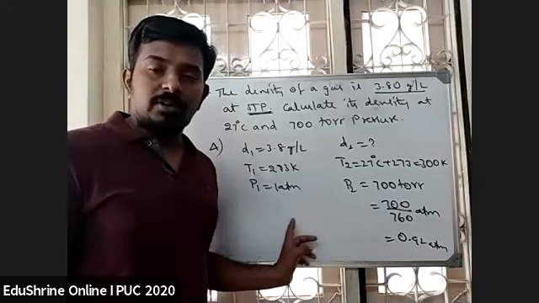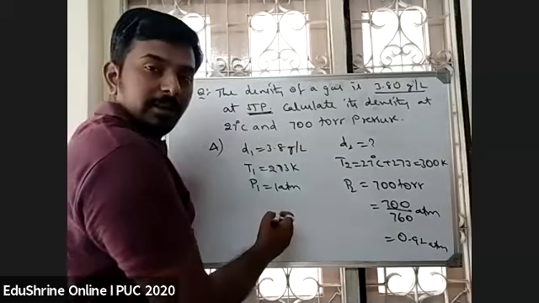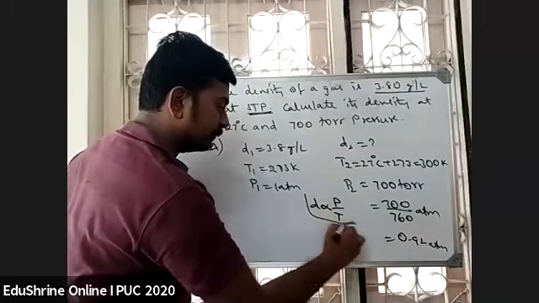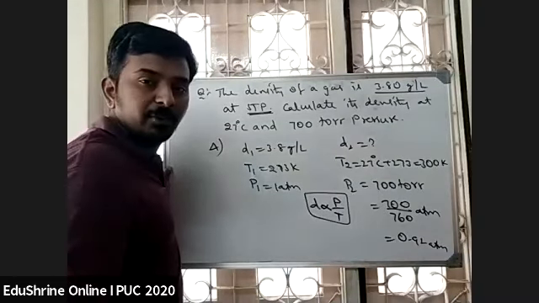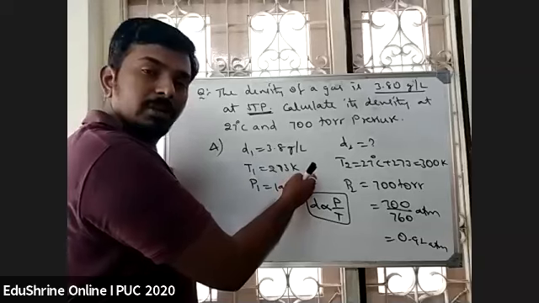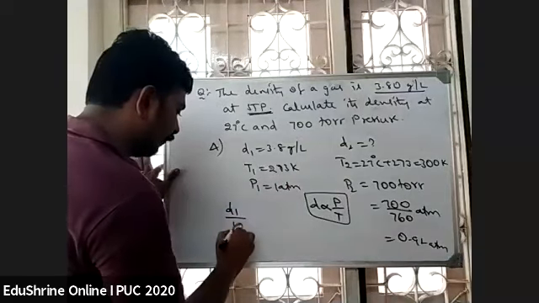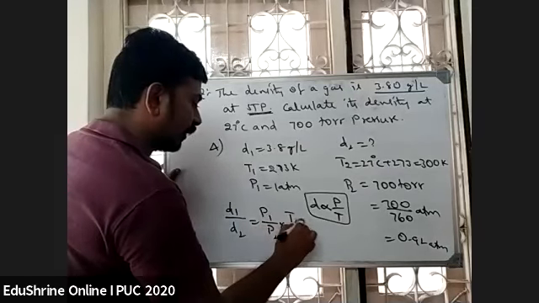Okay, so the relation is given between density, pressure and temperature. We know that D is directly proportional to P and inversely proportional to T. Anyway you can do, convert this into torr or this into atm. So D1 by D2 is equal to P1 by P2 into T2 by T1.